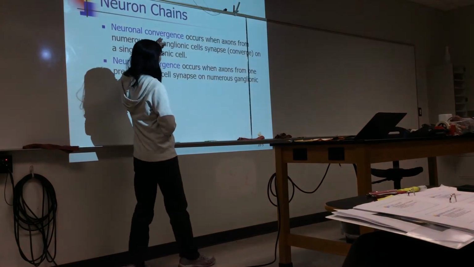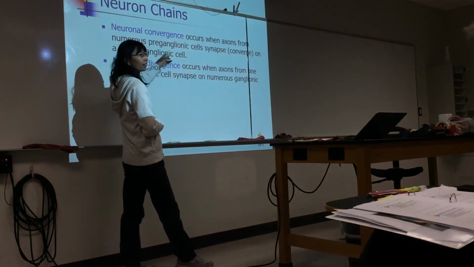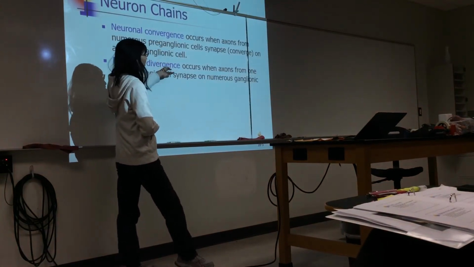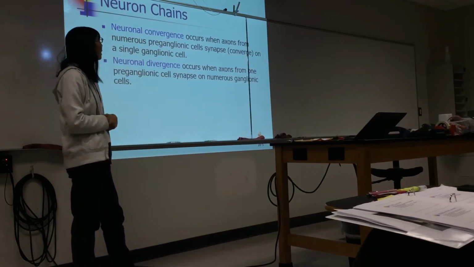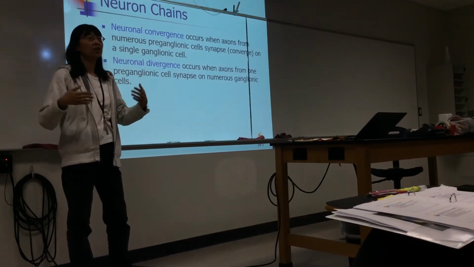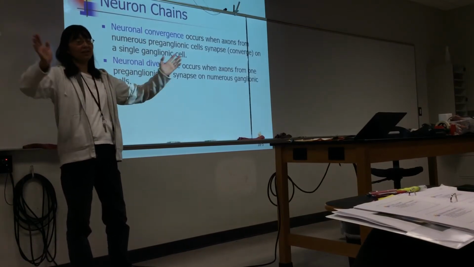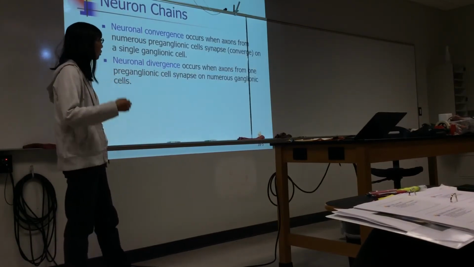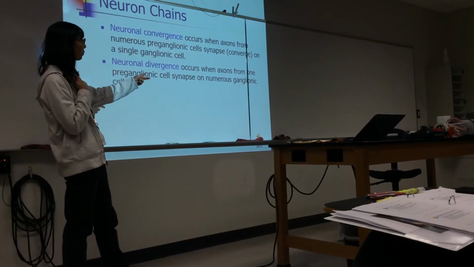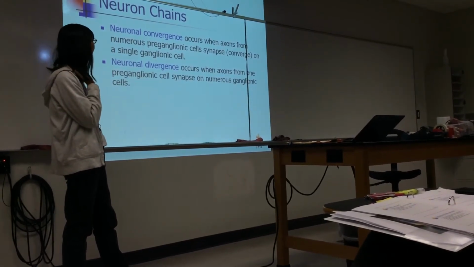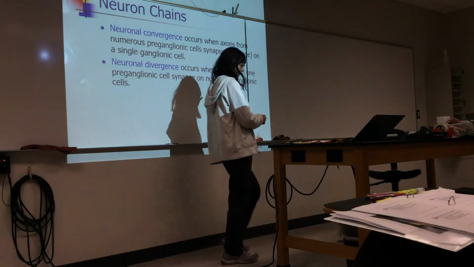And these two words should be familiar. What's converging, what's diverging? Converging is coming together, diverging is splitting apart. Keep these two themes in mind as we go through this chapter, because you're going to see that happening.